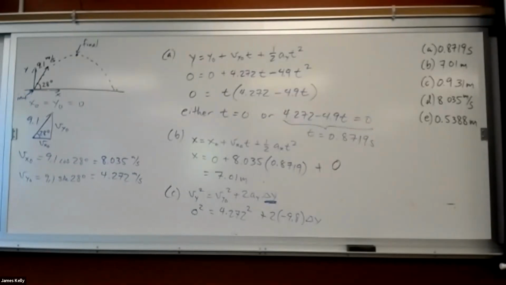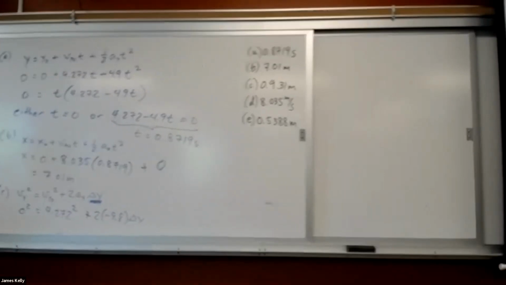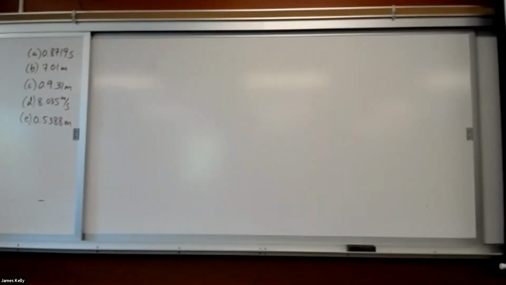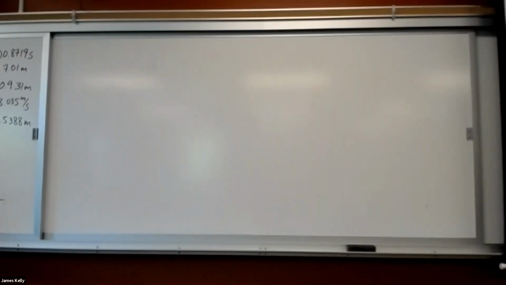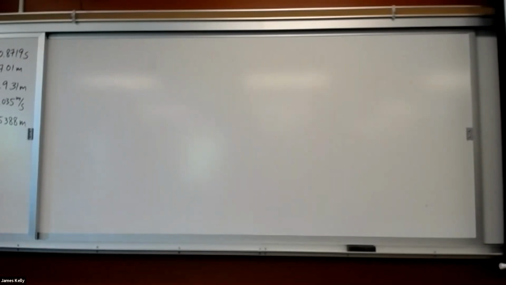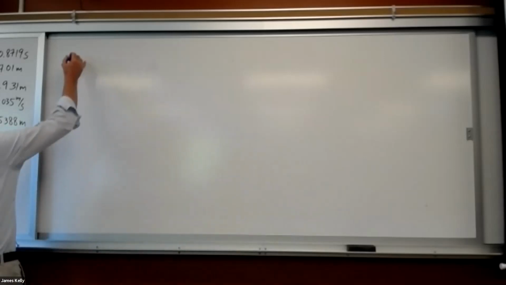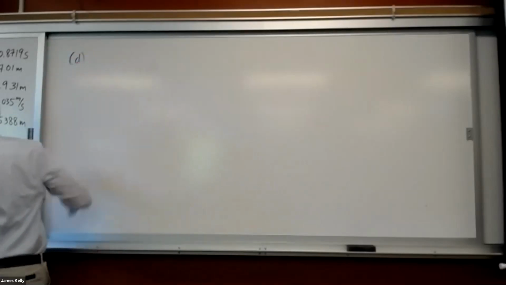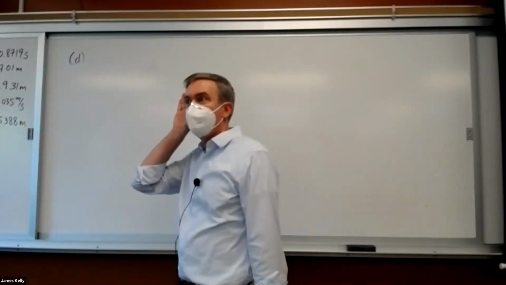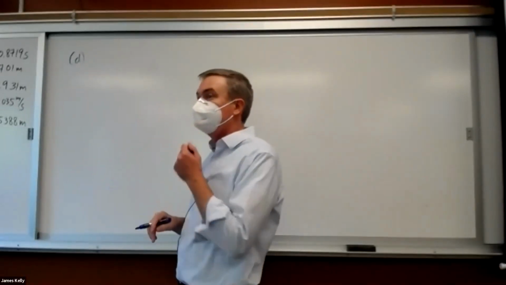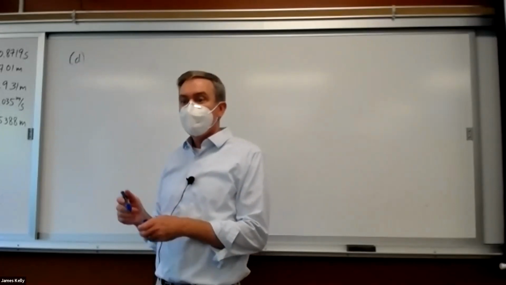Okay, D is easy. What speed does it have at this maximum height? I can do that without even getting out my calculator. I've already done all the work I need. Yeah, it's the x velocity; the initial x velocity doesn't change, right?